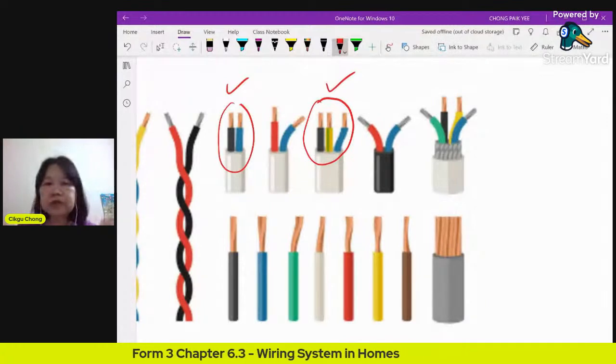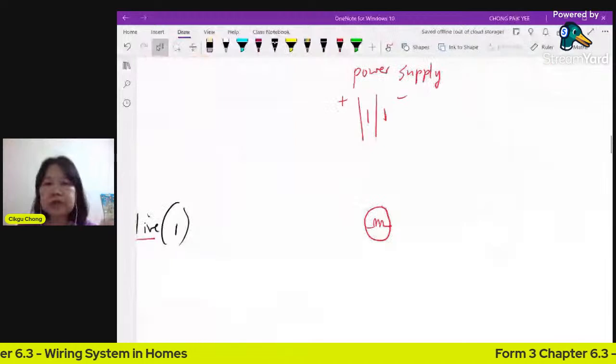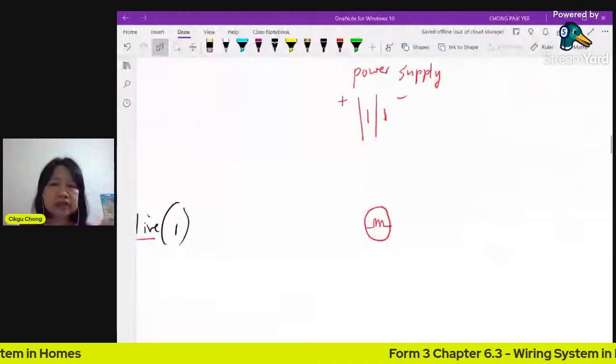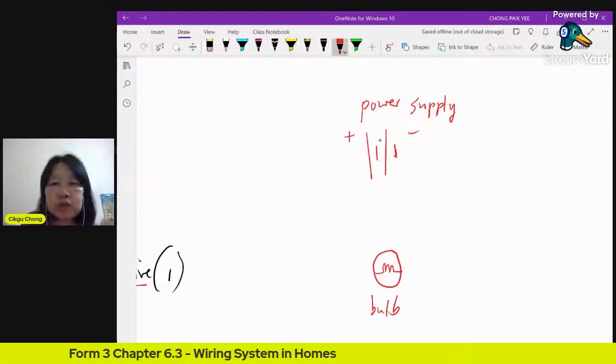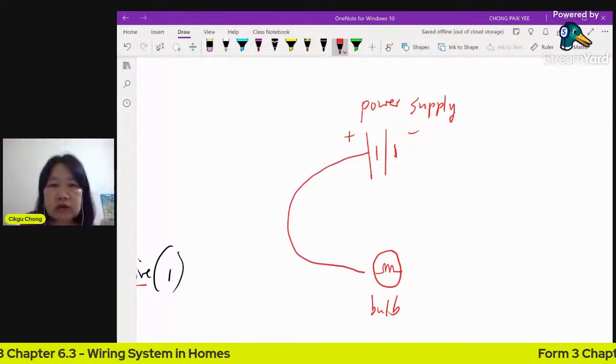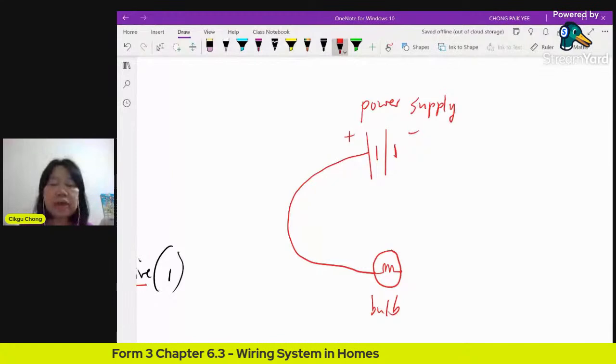Now, let's look at this first. Going back to experiments, why do we need two wires? If I give you a bulb, and you want to connect it to the power supply, usually you will connect one wire to here. Am I right? Then is that it? Will your bulb light up if I just put one wire?